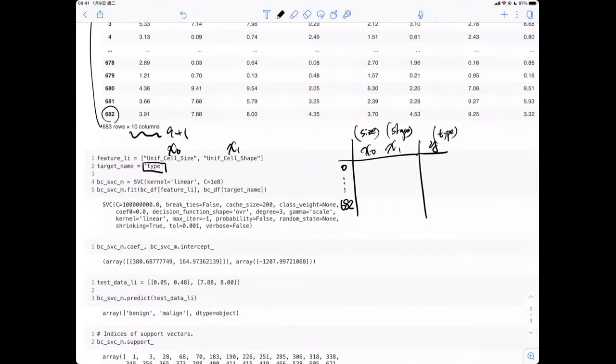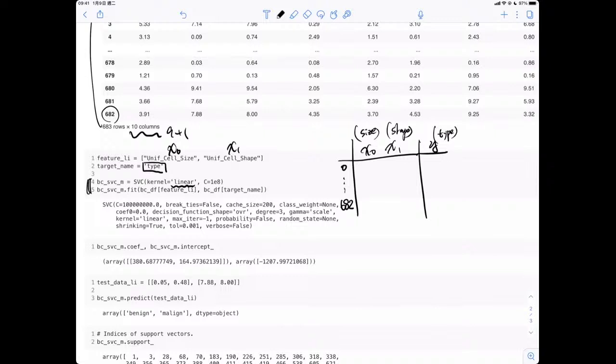Basically, you can see line number 4 and line number 5. That means, please help me to prepare an SVC. SVC stands for support vector classifier. And the kernel right here says linear, which means I would like to draw a line, as we introduced before.